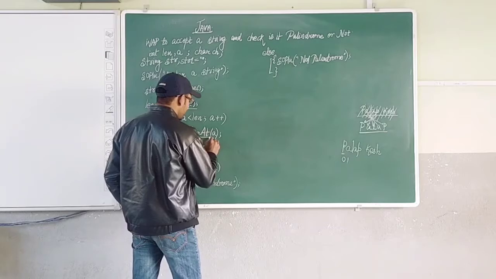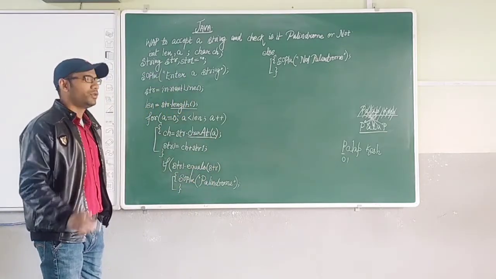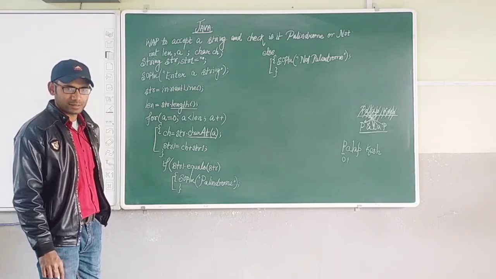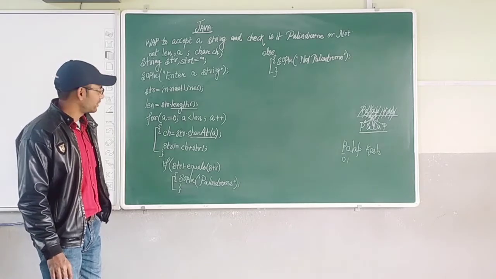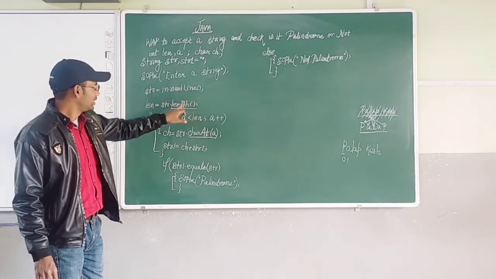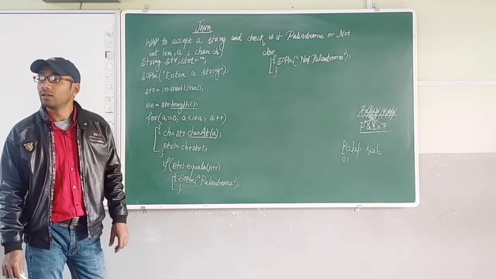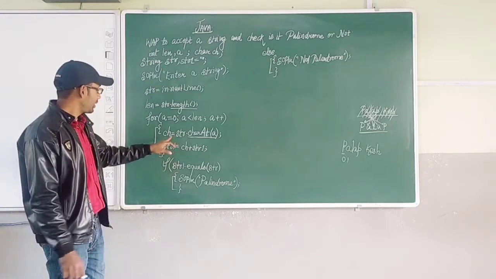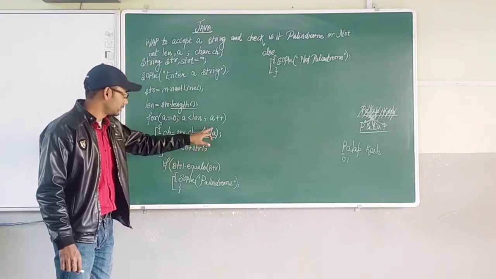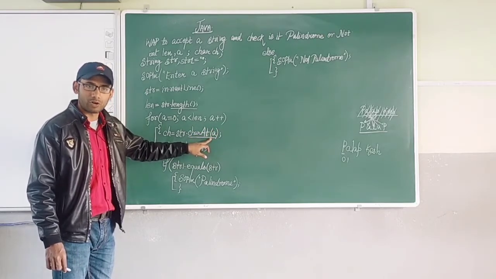This charAt is again a function. If you remember the previous classes, I clearly stated that wherever you find this particular thing, it is known as a function, right? Similarly, str.charAt, you are able to see that there is a parenthesis, round bracket, right?